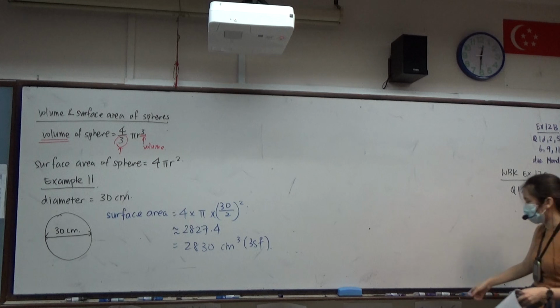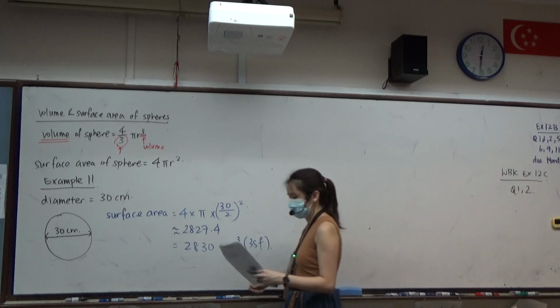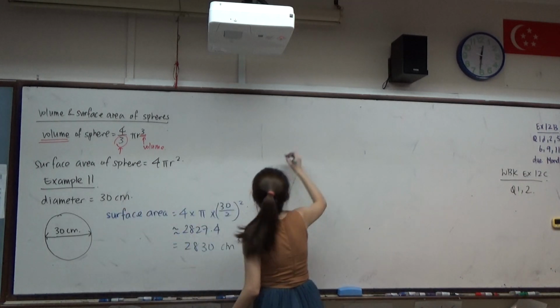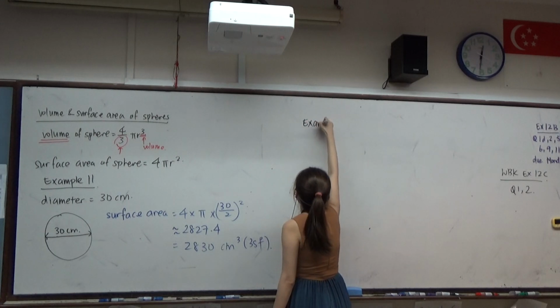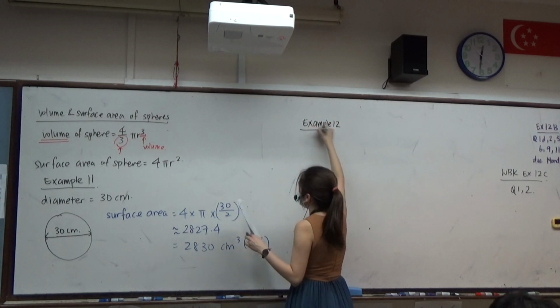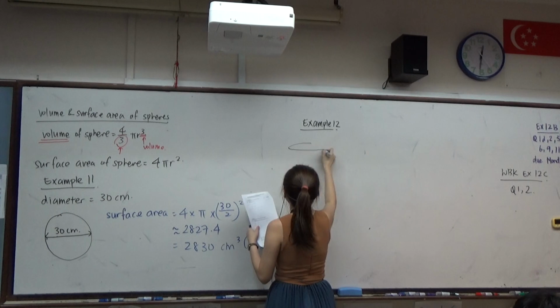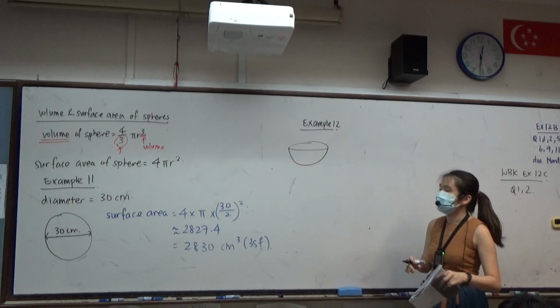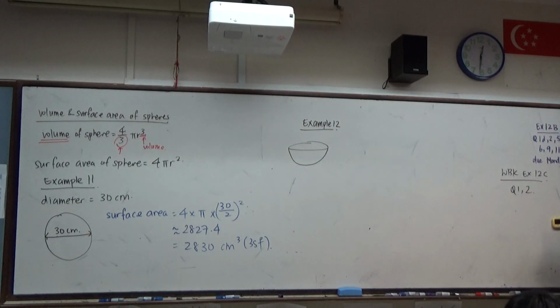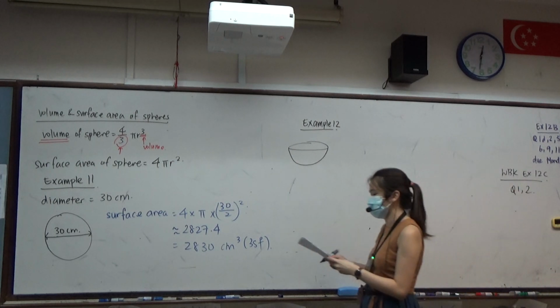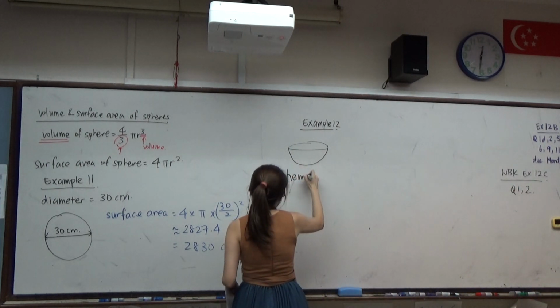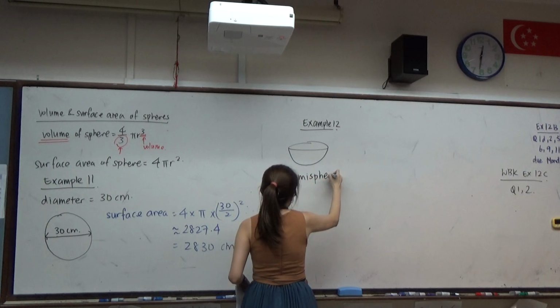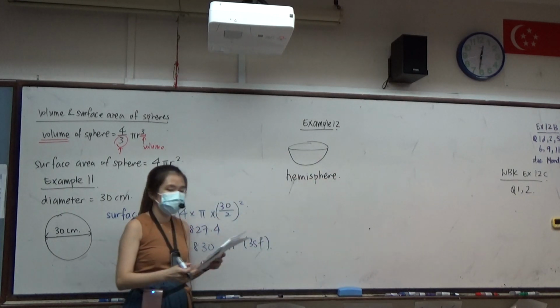Let's look at the next example. Okay, we have this shape over here. It is half a sphere. Half a sphere is not called a semi-sphere, it is called a hemisphere.